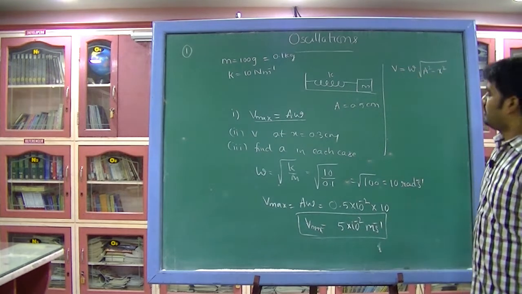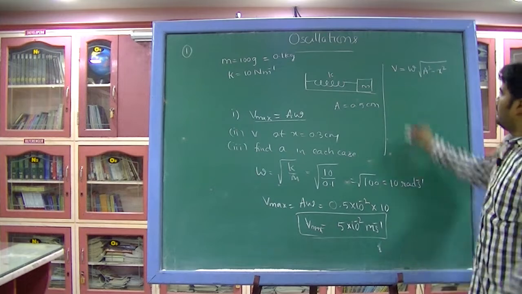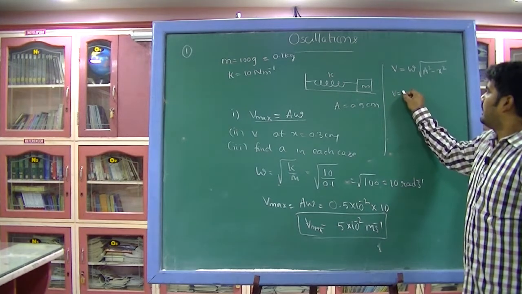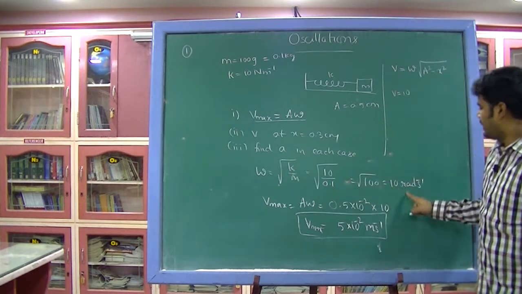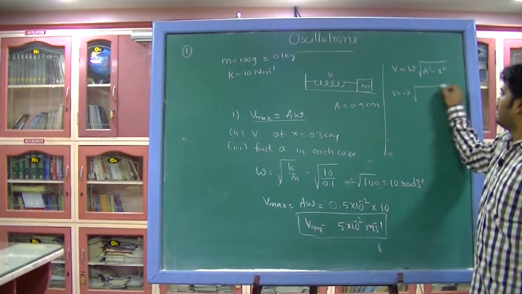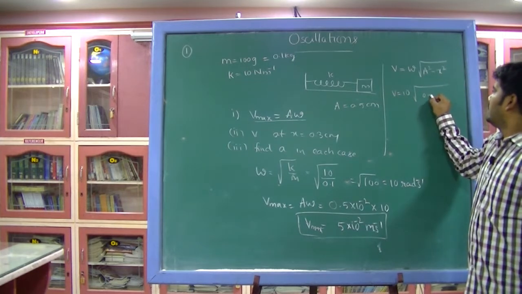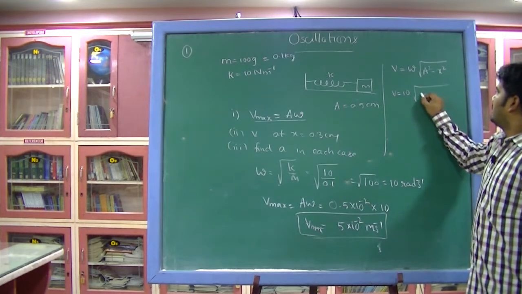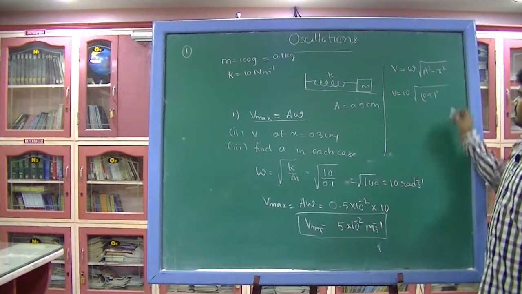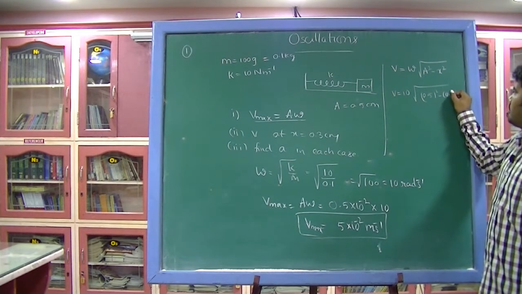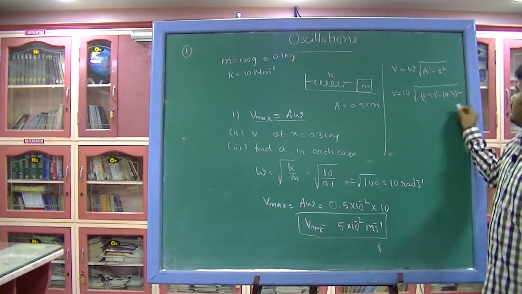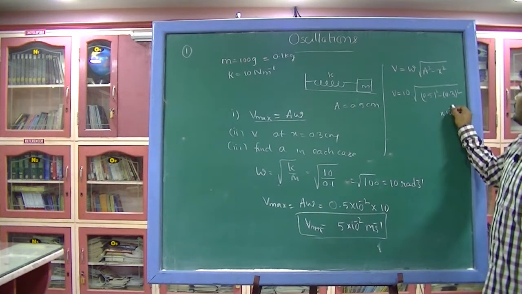Now, substituting all the values given in the problem, V is equal to omega, which we found as 10 radian per second, into root of A value 0.5 square minus displacement 0.3 square, into 10 to the power of minus 2.